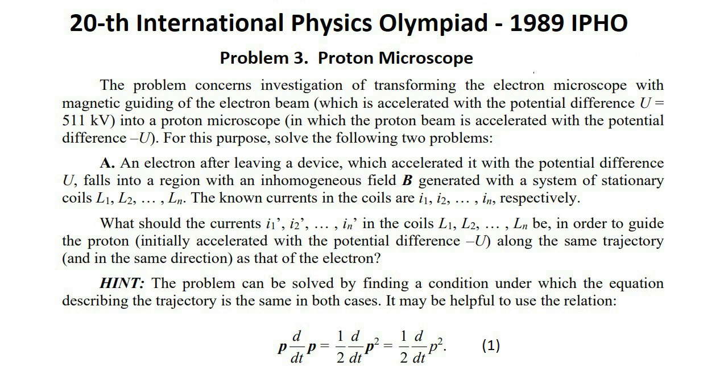What should the currents I1', I2', etc. till In' in the coils L1, L2, etc. till Ln be, in order to guide the proton, initially accelerated with the potential difference U, along the same trajectory and in the same direction as that of the electron?